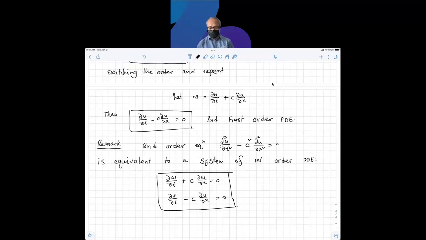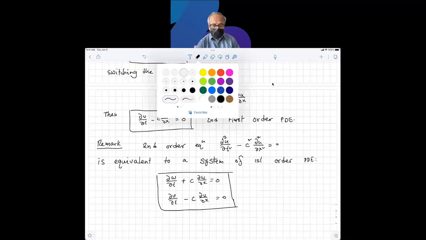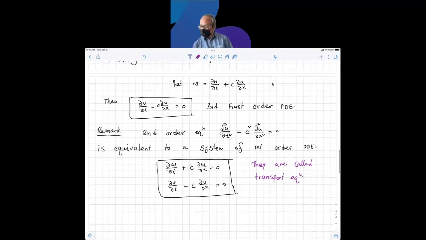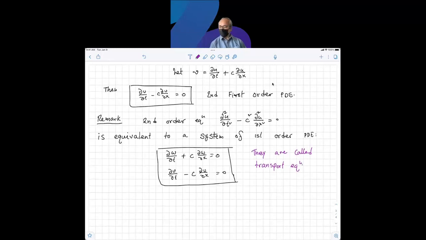So these two equations are also called transport equations. So now I look at two properties.